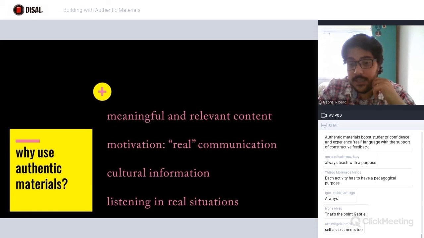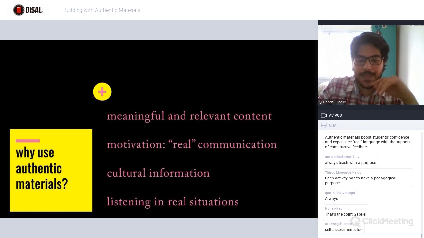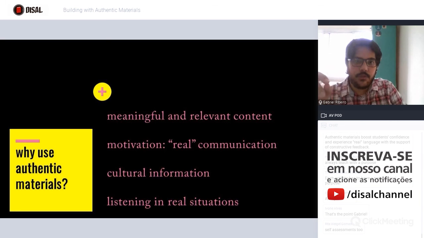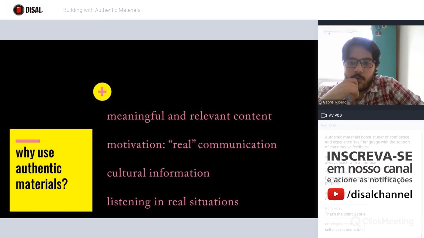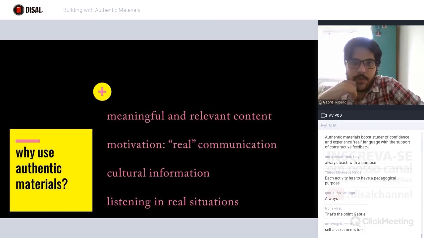But absolutely, self-assessment here. I think that when students get these authentic materials, they are able to really gauge how much they have learned, right?